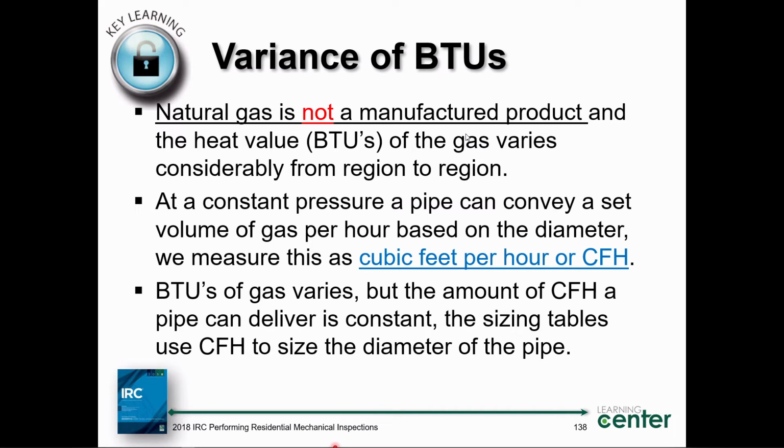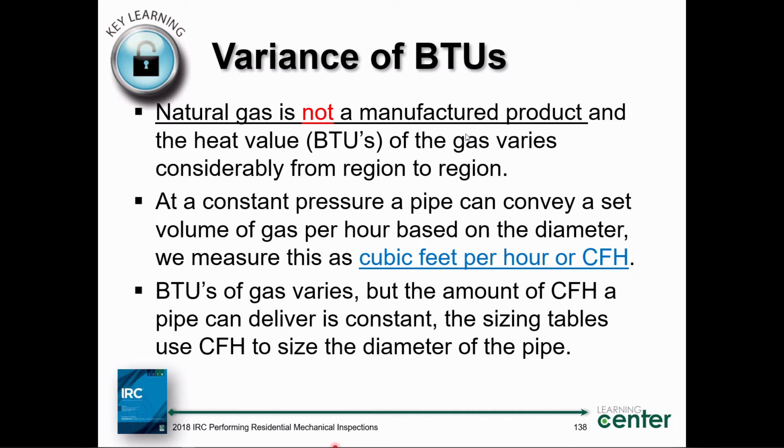It's going to produce 1,000 BTUs of energy. That's the value that we select when we size natural gas piping systems, okay? We normalize the system and make a statement that we will use 1,000 BTUs of energy per cubic foot of gas, all right? So there's the statement.